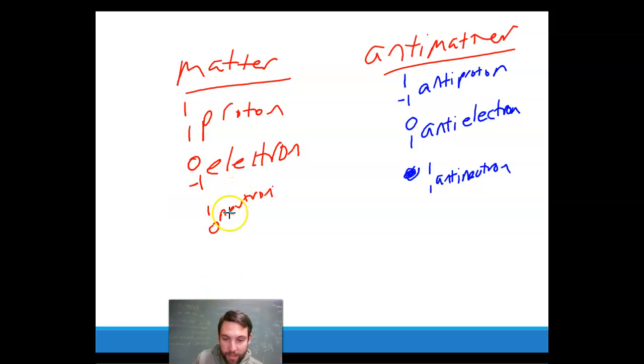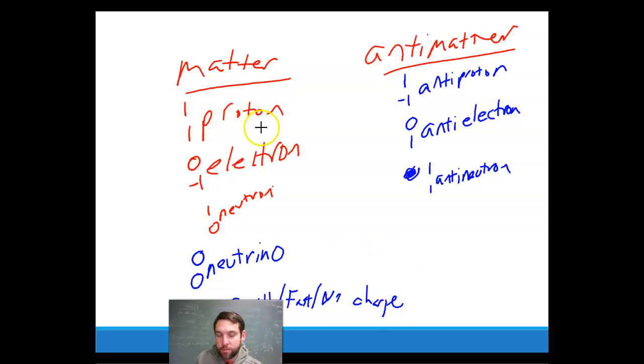Let me introduce to you a 4th particle. This 4th particle has a mass of 0 and a charge of 0. So we don't even write these numbers for this. And this is called a neutrino. Neutrino. Small, fast, no charge.